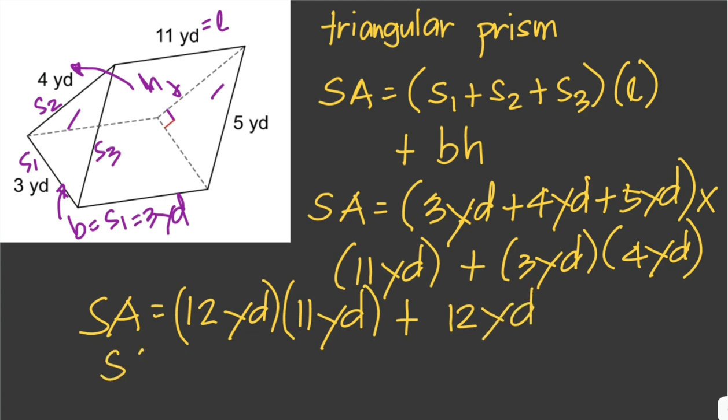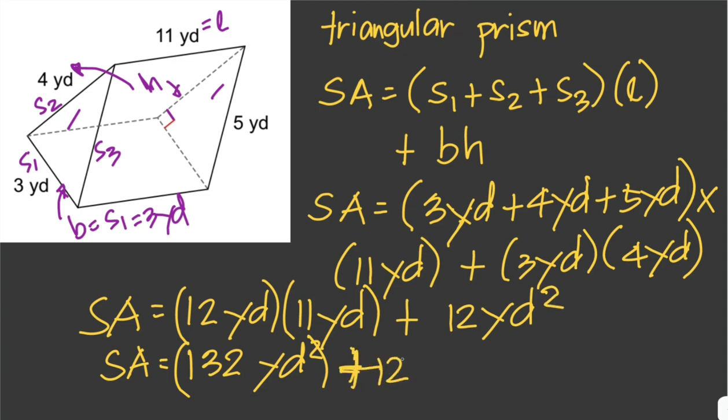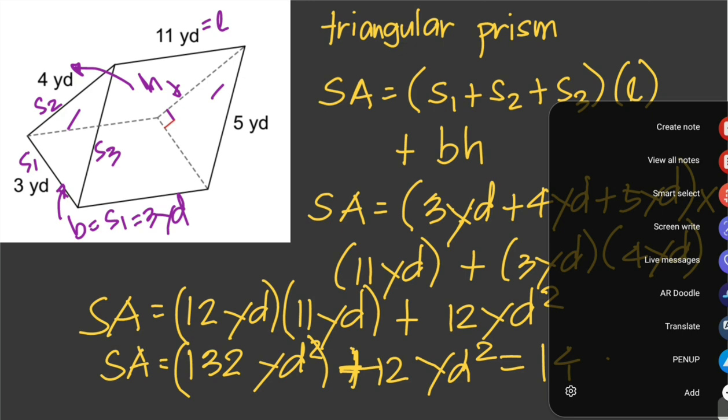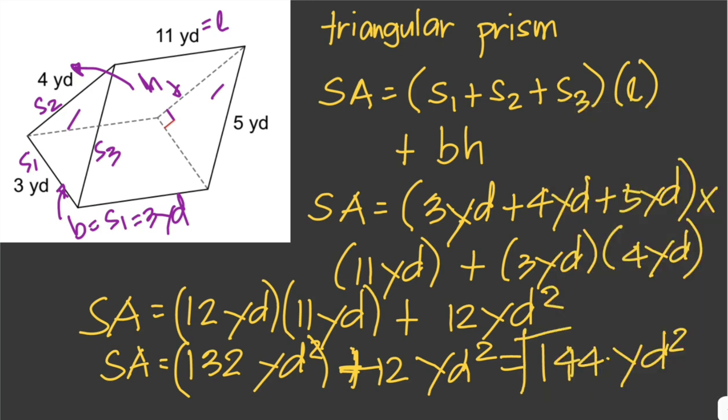And that would be 12 times 11 is 132 square yards, plus 12 square yards. And this would give us a total surface area of 144 square yards. So this is the answer here.